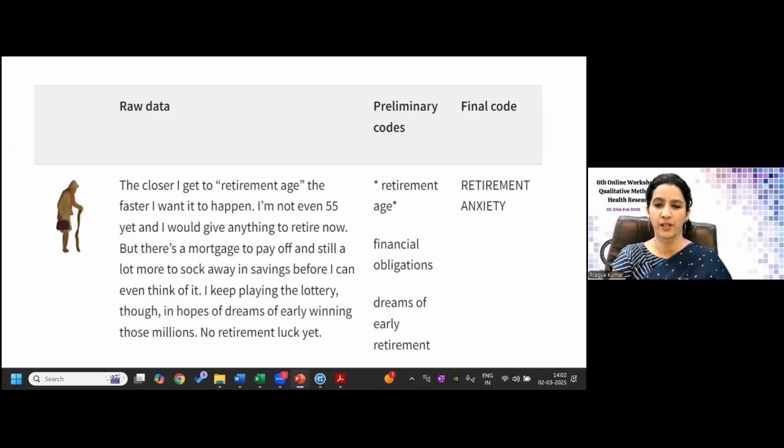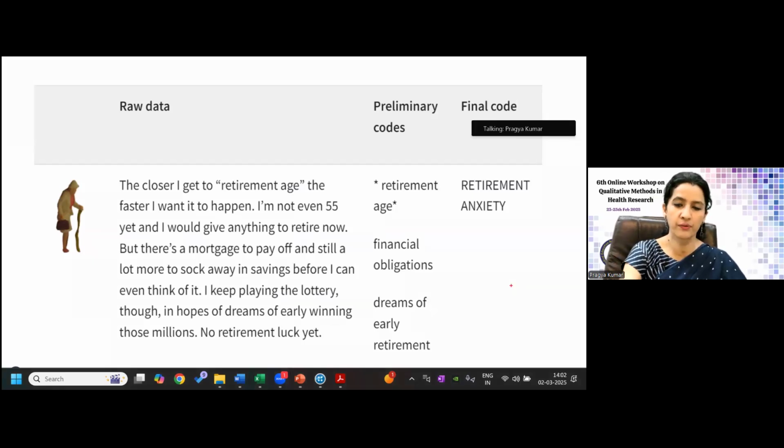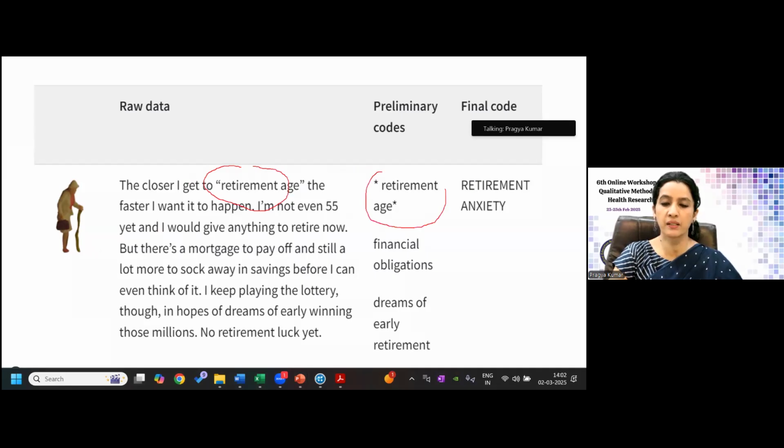So true. Initially, if you see the preliminary codes, this excerpt we have taken from Saldana's coding manual. If you see, they have made these many codes. First, the closer I get to retirement age, he has coded this as retirement age. He is using a splitting type of coding, not lumper coding. Again, there are some financial obligations, and then there are dreams of early retirement.